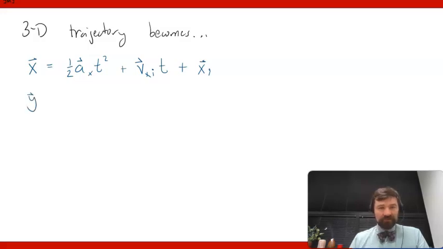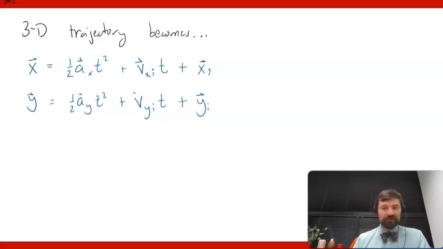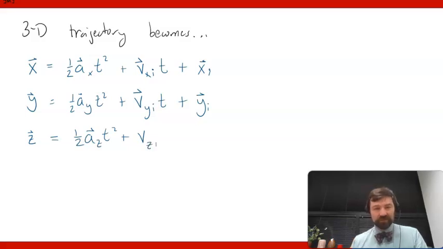The y component is 1/2 a_y t squared plus v_y initial times time plus y initial. And the z component is 1/2 a_z t squared plus v_z initial times time plus z initial.